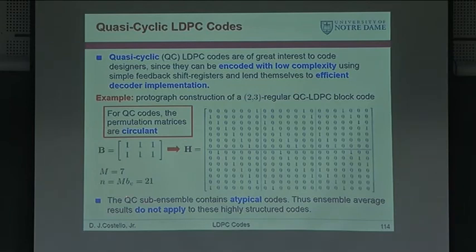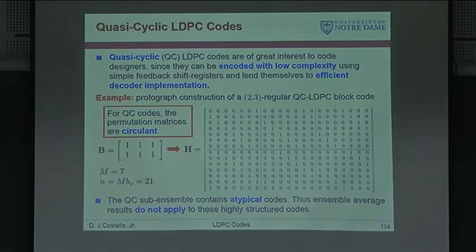Important to realize, though, and I think some people still don't understand this: you can have a base matrix, and you can do your ensemble analysis on it, and it can have a very good threshold and very good distance growth properties. Okay.